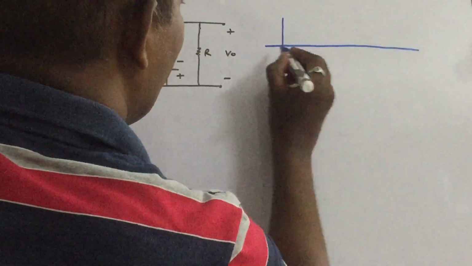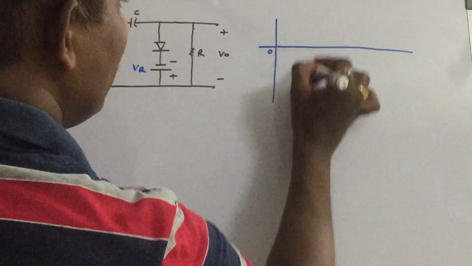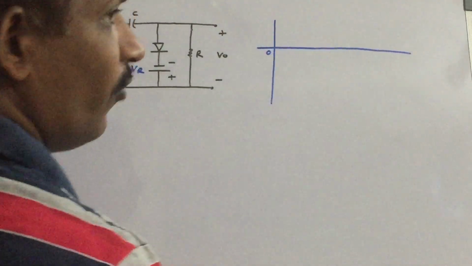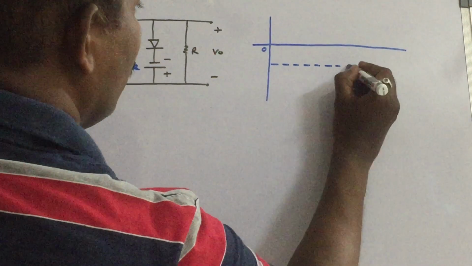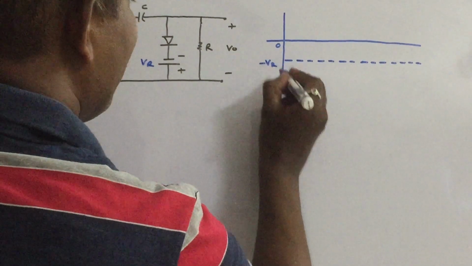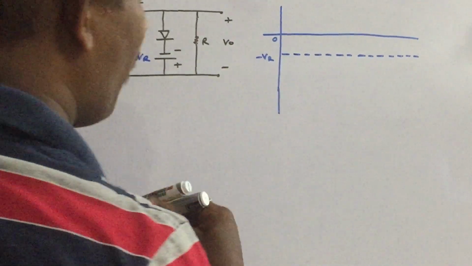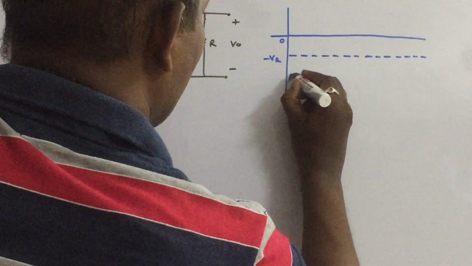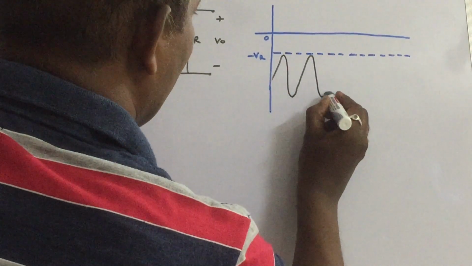This is the 0 level. Previously, when plus Vr was there, we drew Vr and attached the positive peak to Vr. Now the biasing is minus Vr. Just draw a dotted line at minus Vr and clamp the positive peak to minus Vr like this.